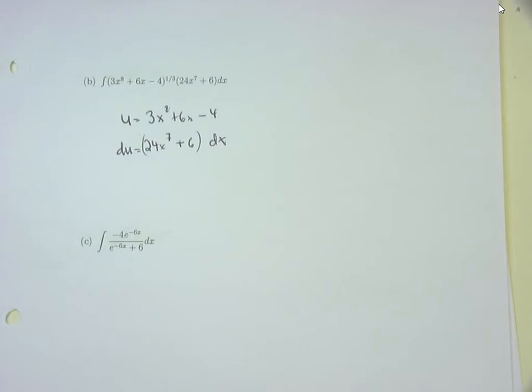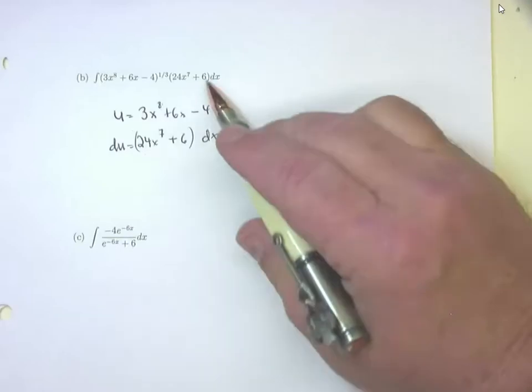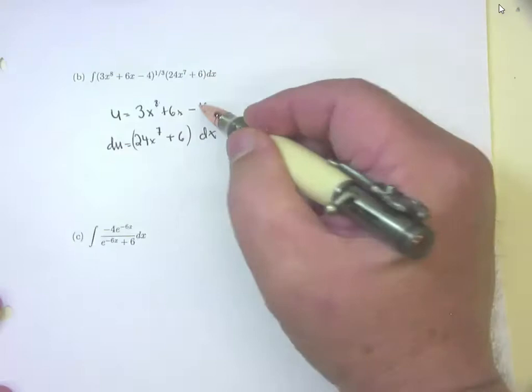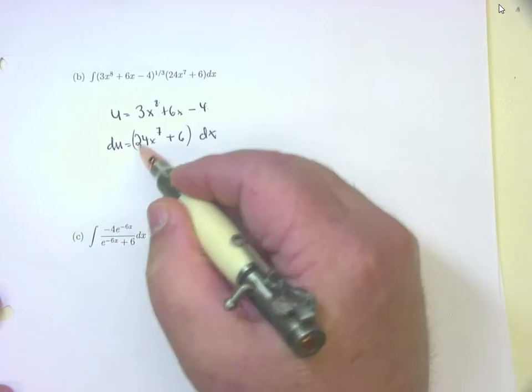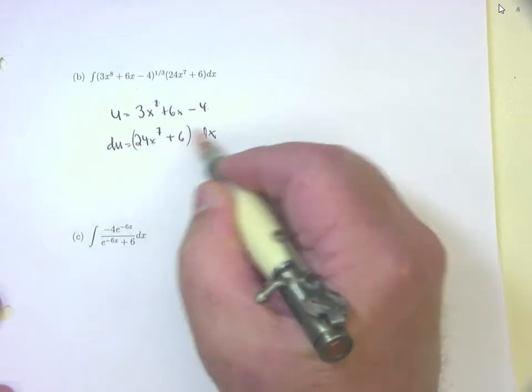And you will notice that what I let u equal to, du, up to a constant, has got to be in the problem. Do you see a 24x to the 7th plus 6 dx in this problem? I sure do. That's the rest of it right here. So I let u equal 3x to the 8th plus 6x minus 4. So du equals 24x to the 7th plus 6 dx.